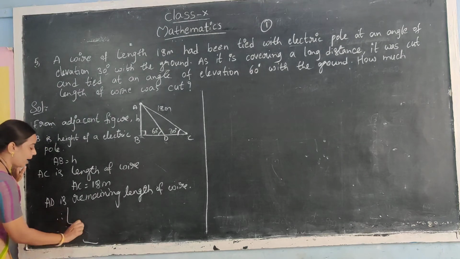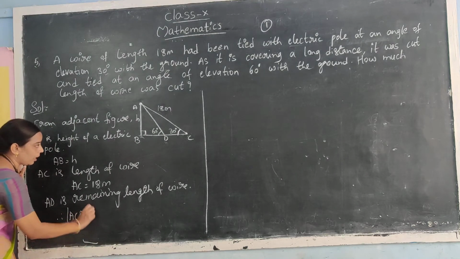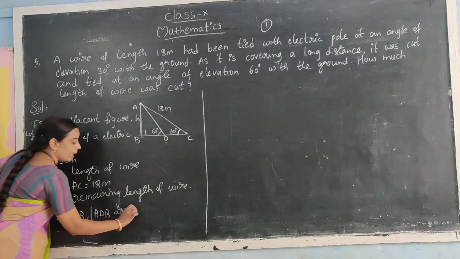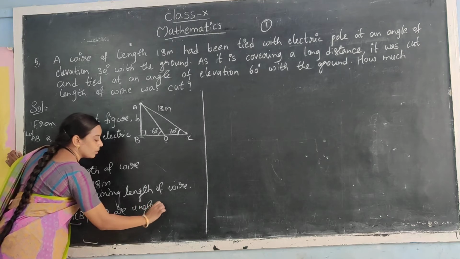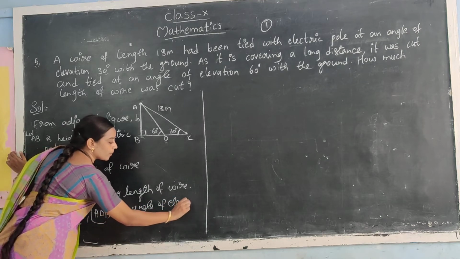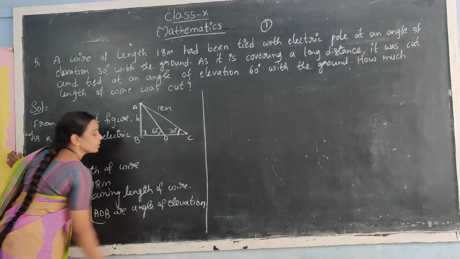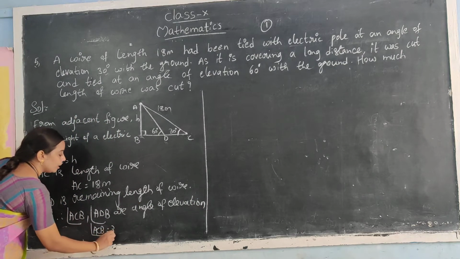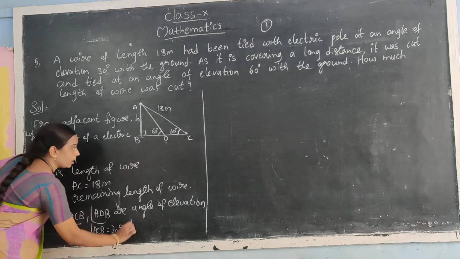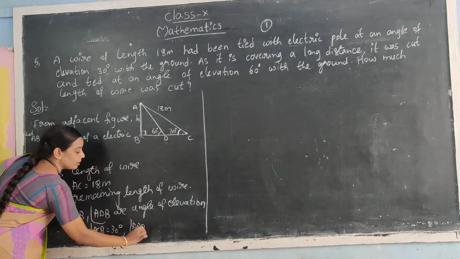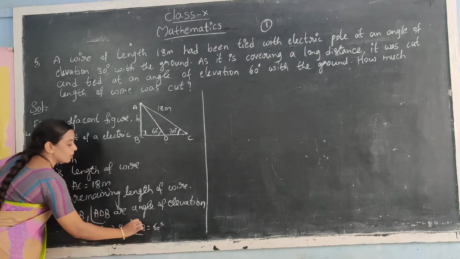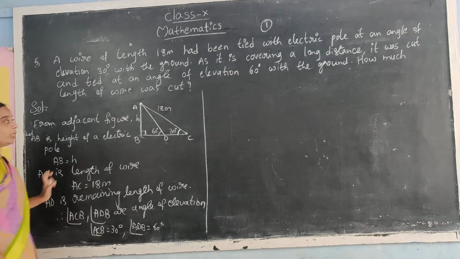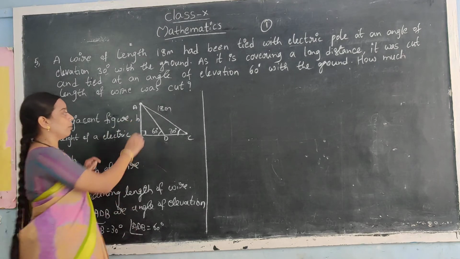Therefore angle ACB and angle ADB are angles of elevation: angle ACB is 30 degrees and angle ADB is 60 degrees. Through this figure, these are the points marked. Now we have to calculate the remaining length of the wire.